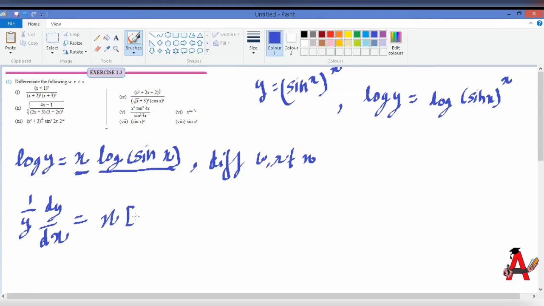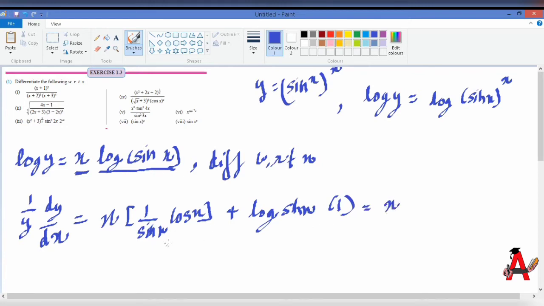So x into derivative of log of sine x, which is 1 upon sine x into derivative of sine x, which is cos x, plus log of sine x into derivative of x, which is 1. This can further be written as x into cos x upon sine x is cot x, x into cot x plus log of sine x.